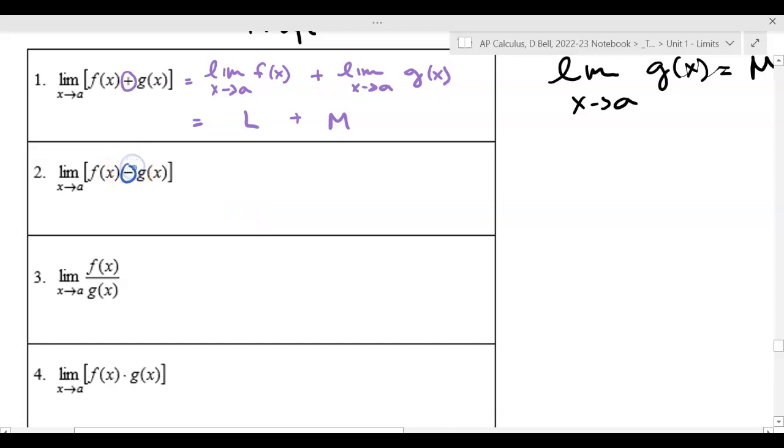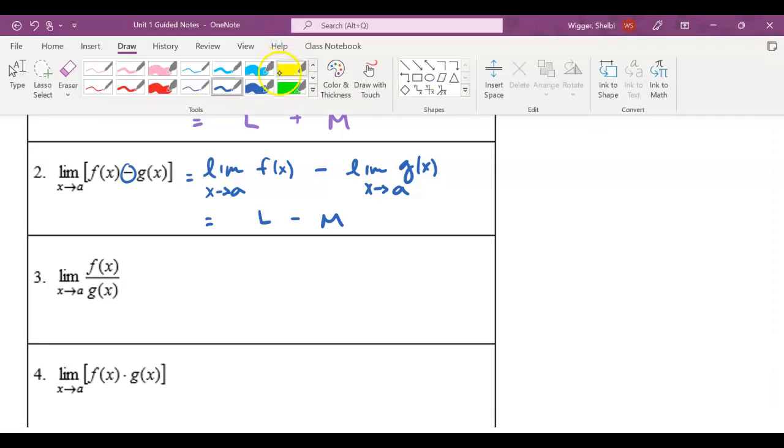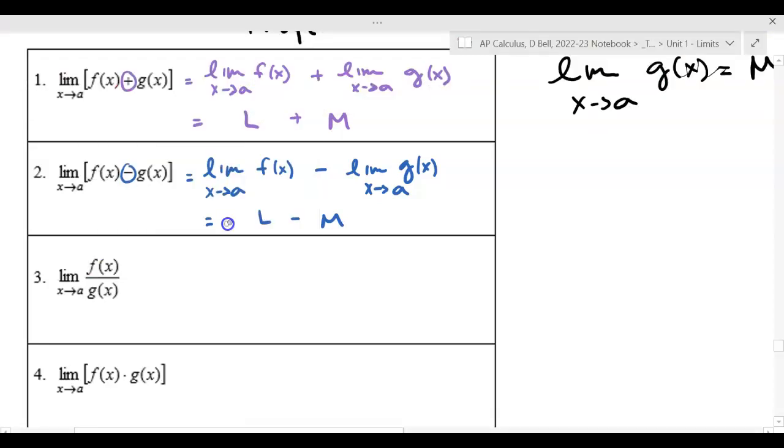Subtraction is going to work the same way. We're going to break it up at subtraction. So the limit of f of x as x approaches a minus the limit of g of x as x approaches a will be L minus M. Division is going to behave just like you think it would.